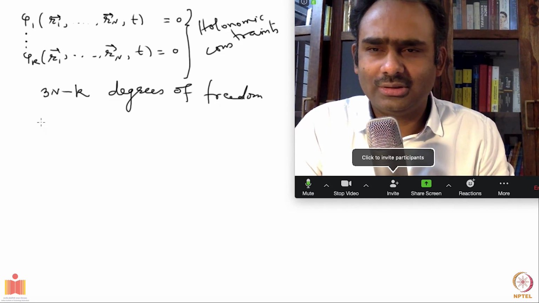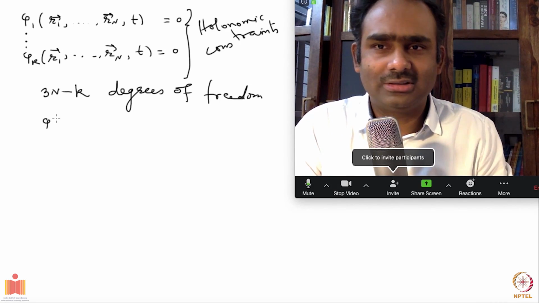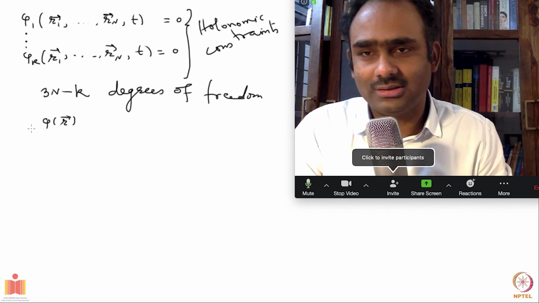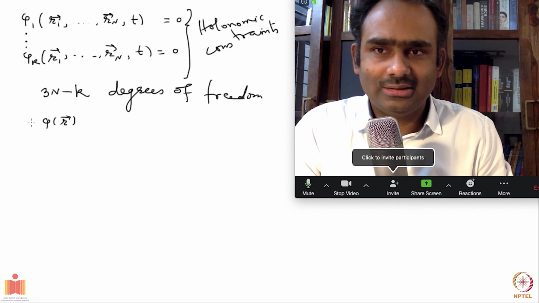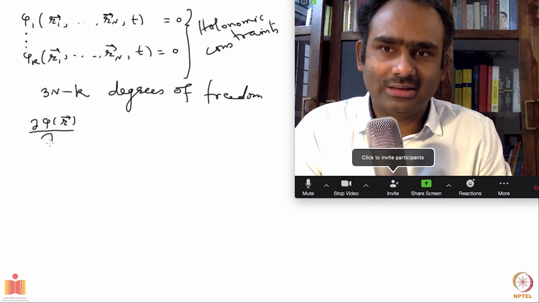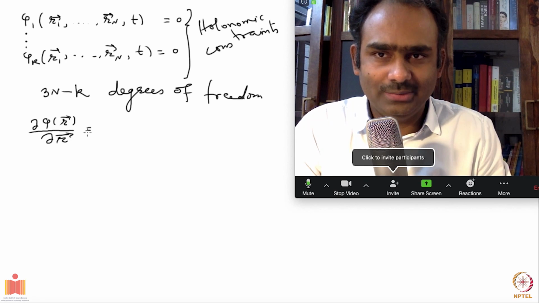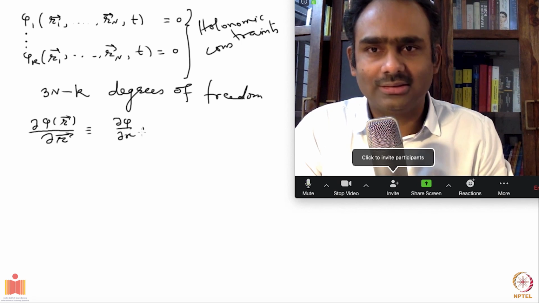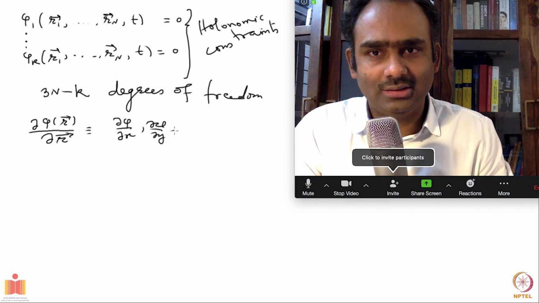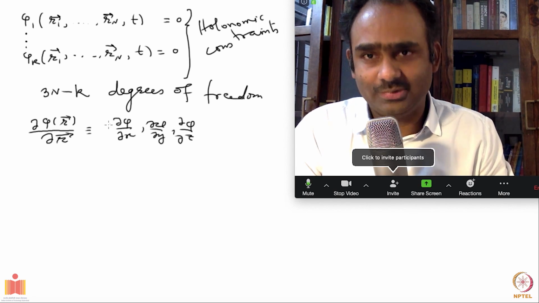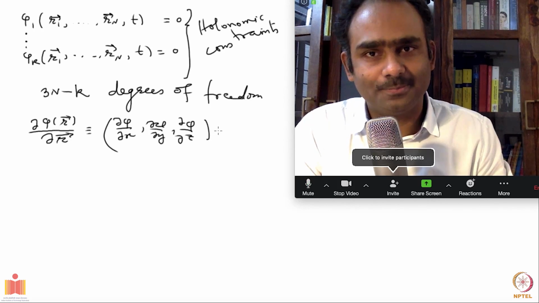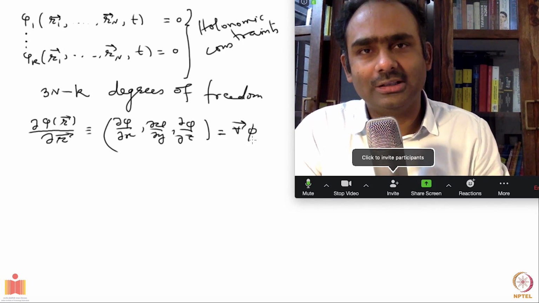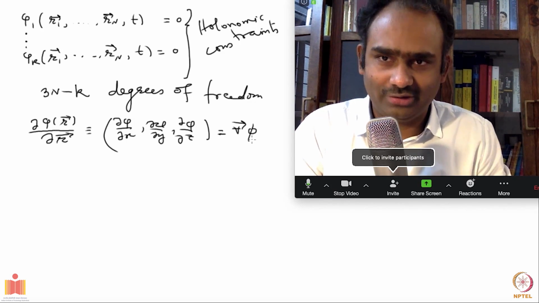Let's say you are given some function phi, which is a function of some vector r, which could be the position vector. Then if I write del over del r, what I really mean by this notation is delta phi over delta x, delta phi over delta y, delta phi over delta z, and this must be very familiar to you. This is nothing but the gradient of phi. Okay, and that's a very handy notation. So sometimes I'll use gradient of phi, or sometimes I'll use del phi over del r.